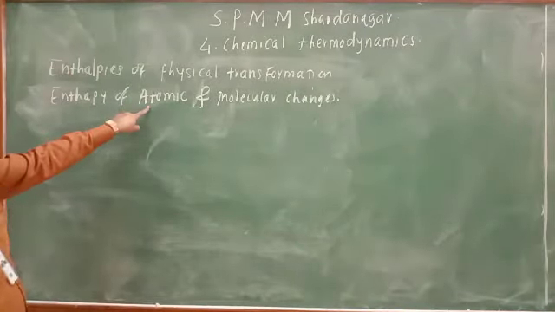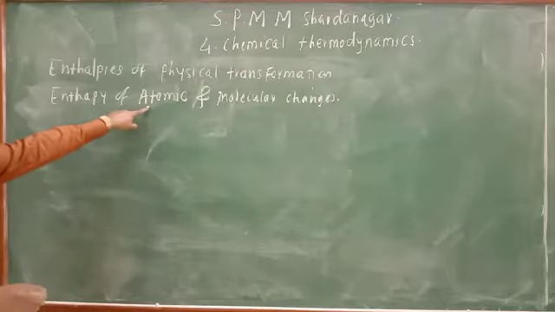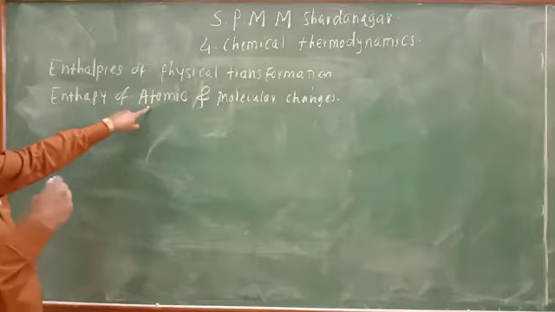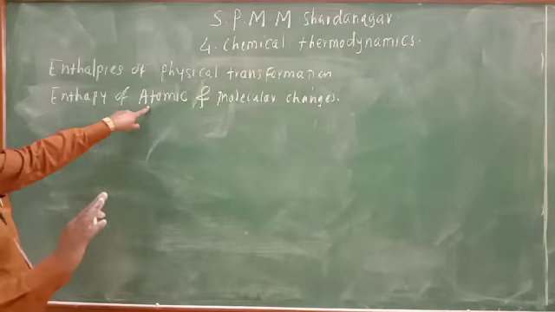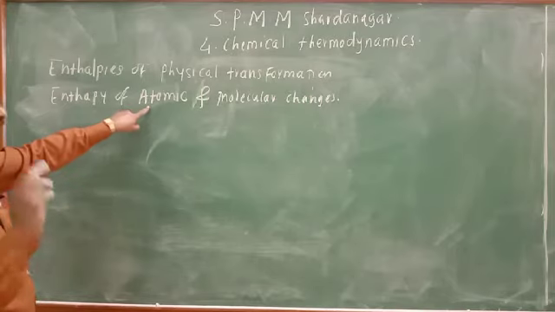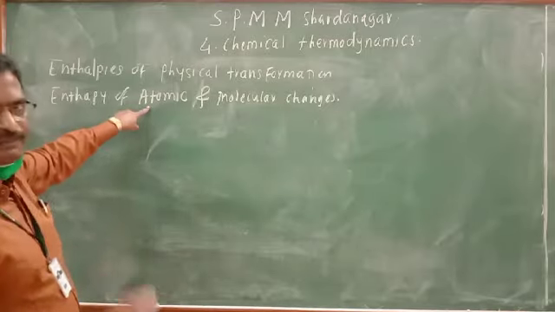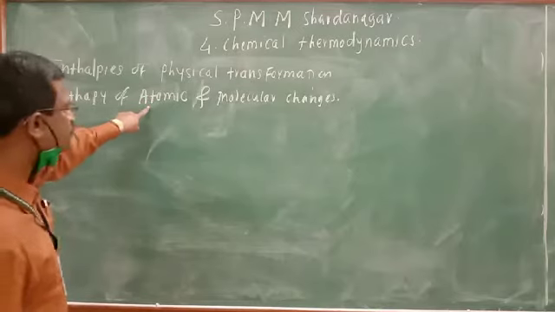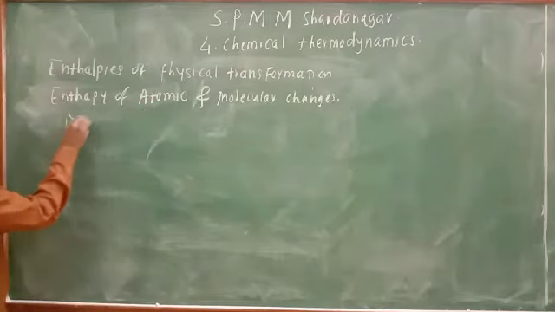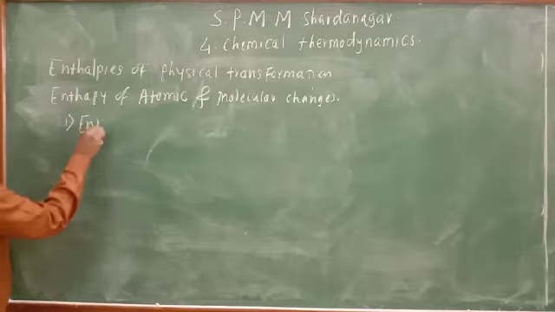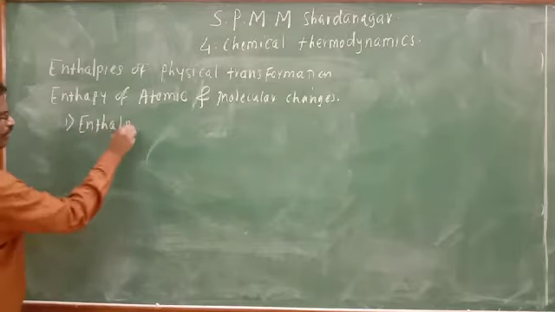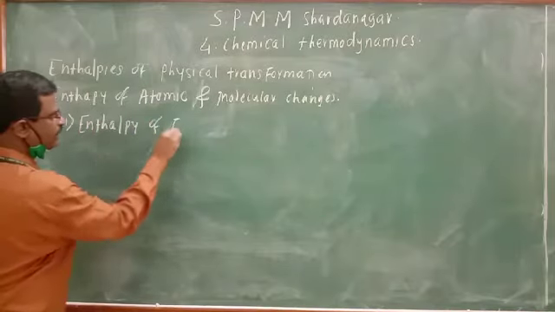An atom is converted to a cation, and at that time there is a loss of electron during formation of the cation. Since that is the loss of electron, removal of electron, heat is absorbed, and that is known as enthalpy of ionization.